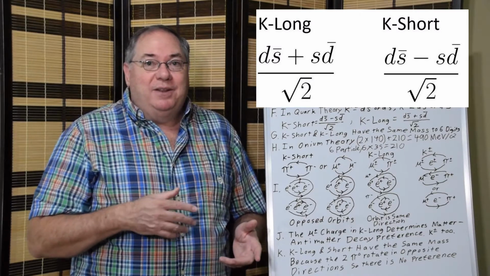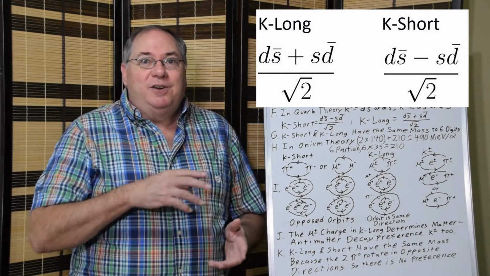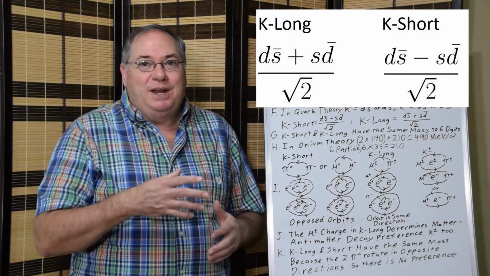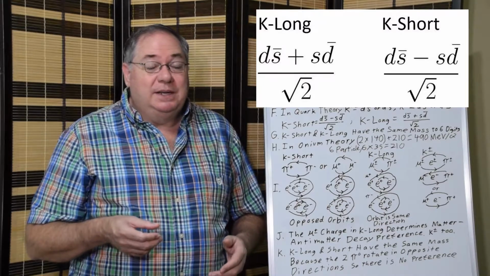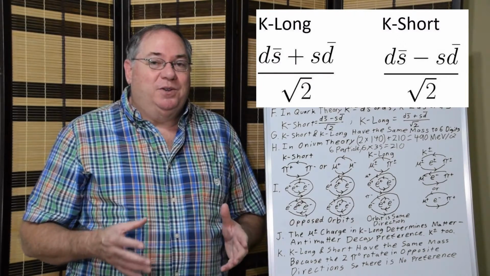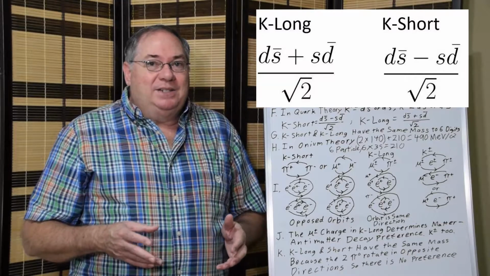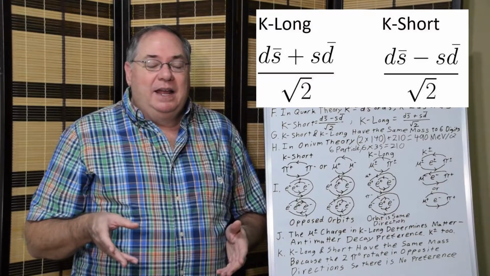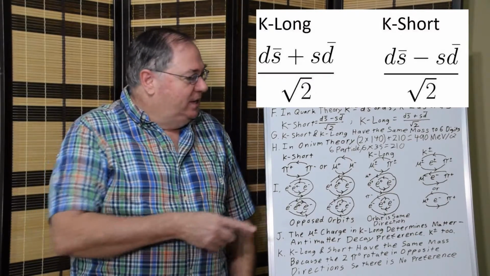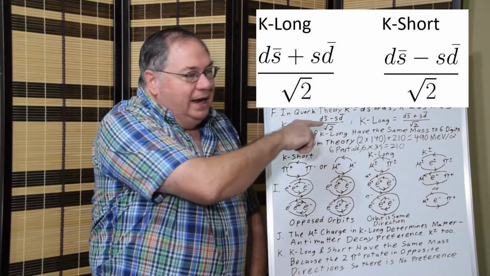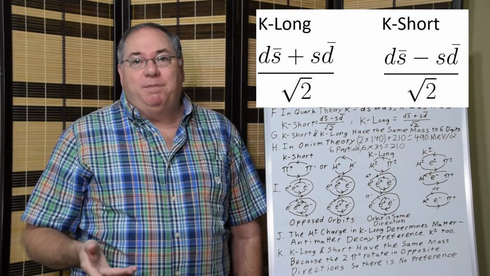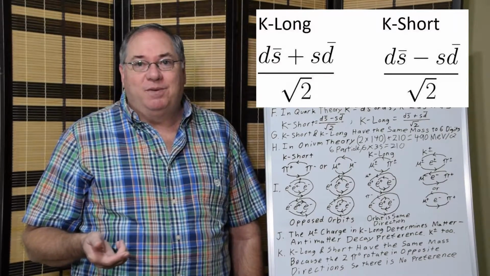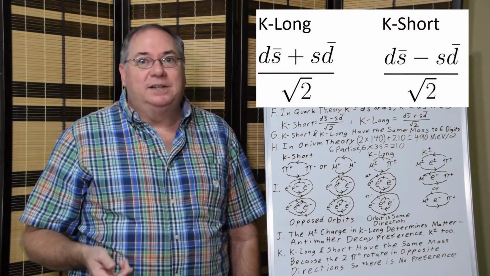And then if you add them together, you get either 0 divided by the square root of 2, or you get 2 times the kaons divided by the square root of 2. If you try to do an actual physical interpretation, and not just a wave superposition type modeling idea, the physical interpretation doesn't work. This equation makes no sense. And dividing an elementary particle by the square root of 2 makes no sense. Subtracting an elementary particle from another elementary particle makes no sense.